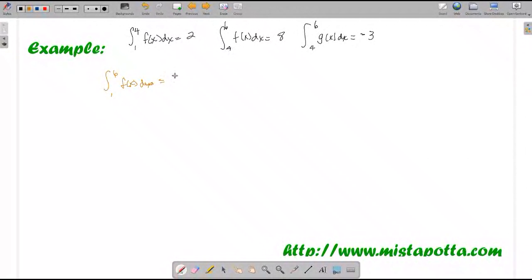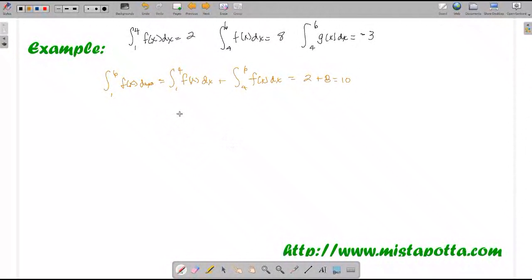So this should be the integral from 1 to 4 of f of x dx plus the integral from 4 to 6 of f of x dx. And so this should be 2 plus 8, which is 10.